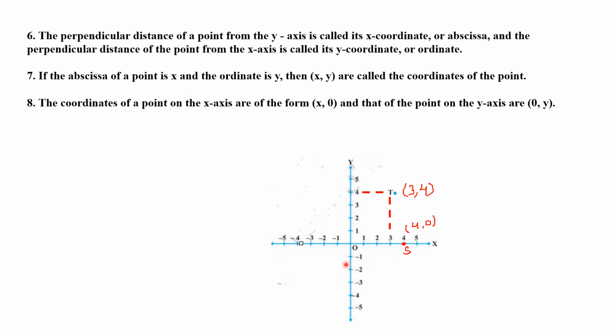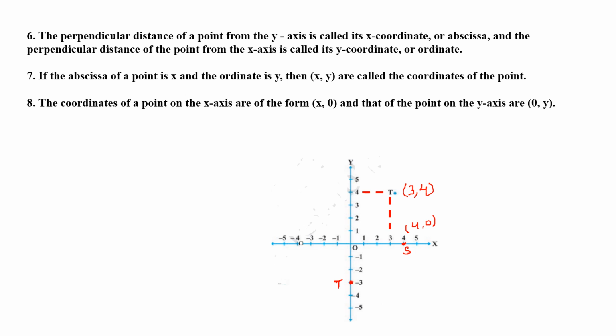In the same way, if you take any point on the y-axis, suppose I have taken one point over here, which is T, and I have to write its coordinates. First of all, we have to write the x-coordinate, isn't it? The x-coordinate is the perpendicular distance from the y-axis.